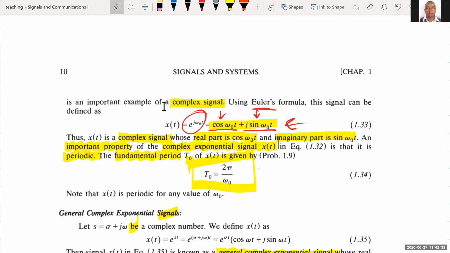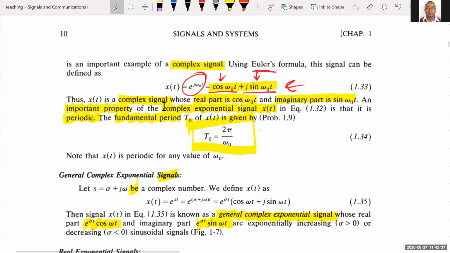Of course, we are saying that x(t) is a complex signal whose real part is cos omega naught t and the imaginary part is sine omega naught t. And an important property of the complex exponential signal x(t) in equation 132 is that it is periodic. And the fundamental period T naught of x(t) is given by this equation.